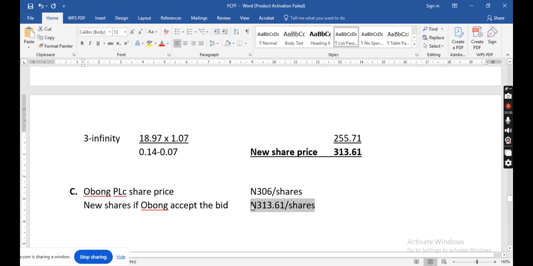Sorry, taking you back. This value for infinity, I'm not getting that value. You will get it. So what is the increase? That should be 289.97.